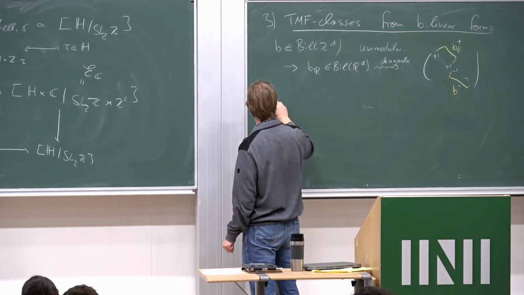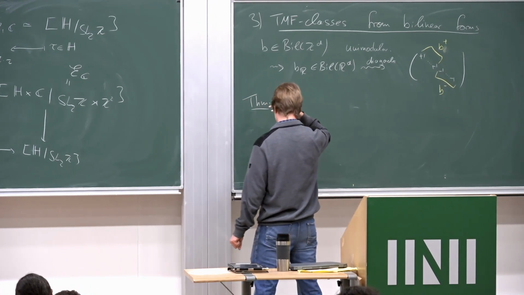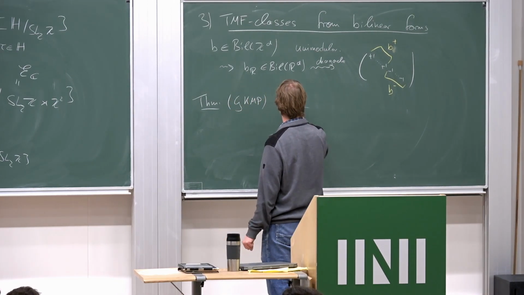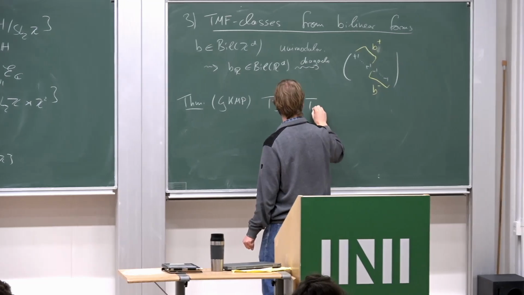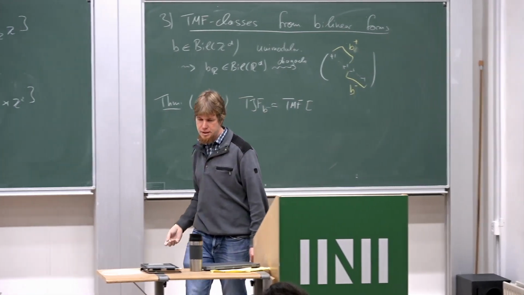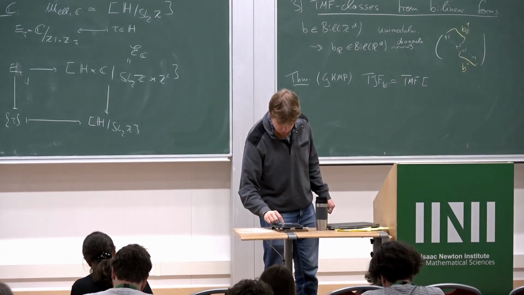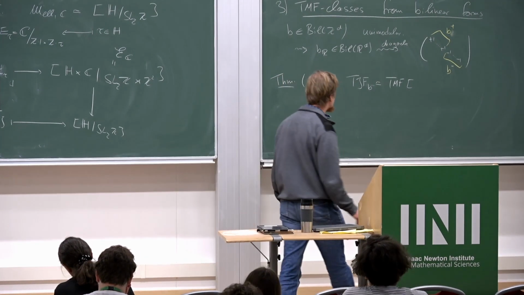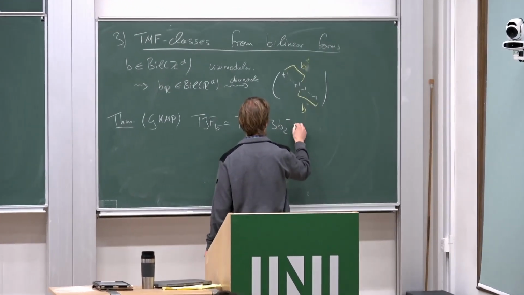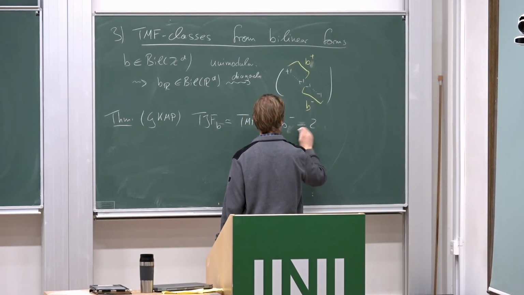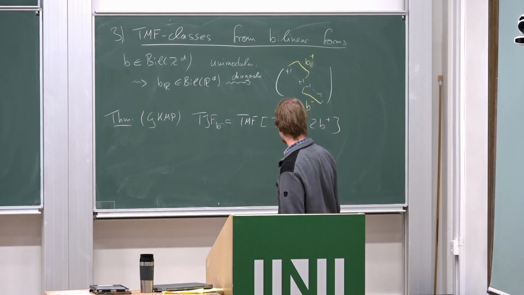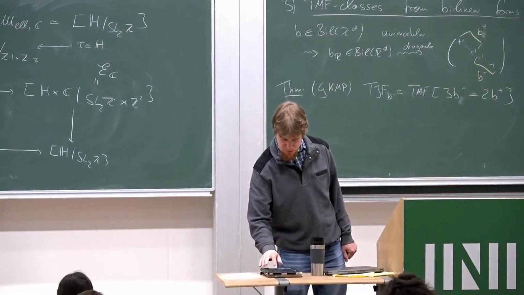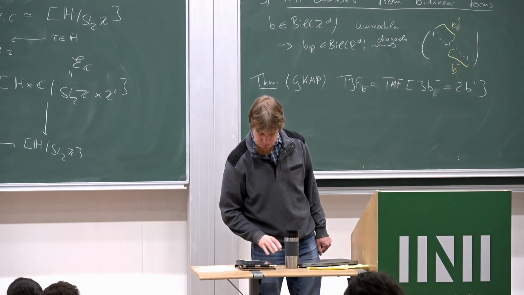Then there's a theorem I proved together with Negegukov, Leva-Krushkal, and Dupay, namely that in TJF_B there is a certain shift of TMF, and the shift is 3b_minus minus 2b_plus. Maybe it's not so important. The exact shift is maybe not so important, but this is the shift we have.